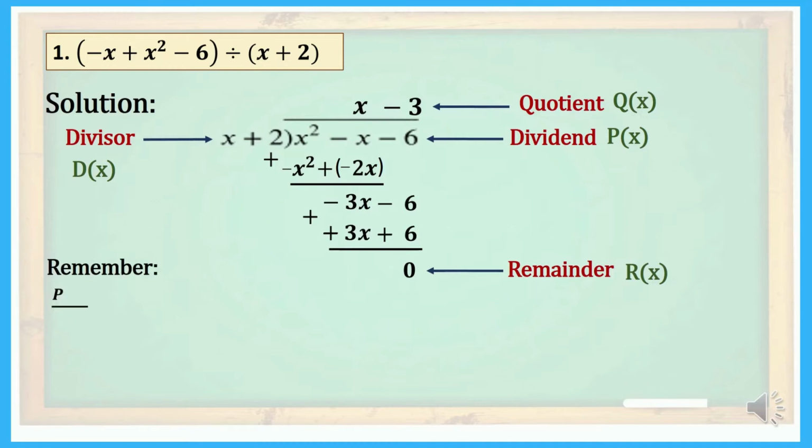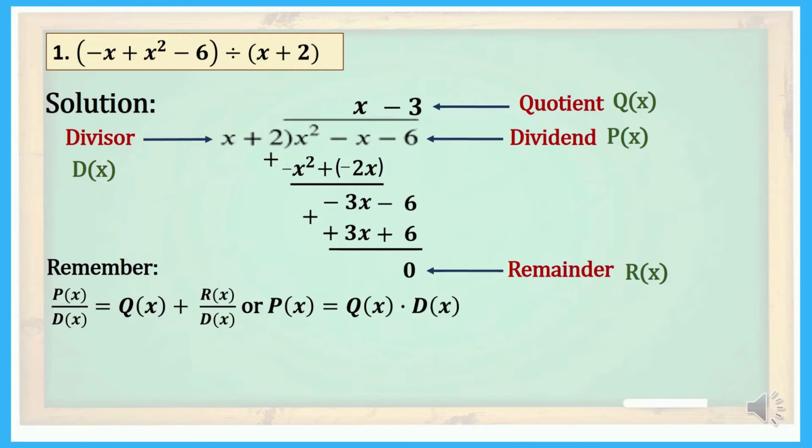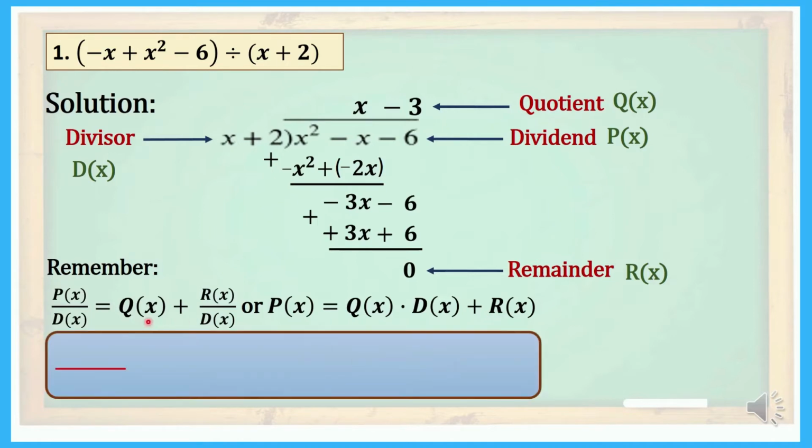Alright, so you must remember that you are going to write your final answer in this manner: p of x over d of x equals q of x plus r of x over d of x, or p of x equals q of x times d of x plus r of x.